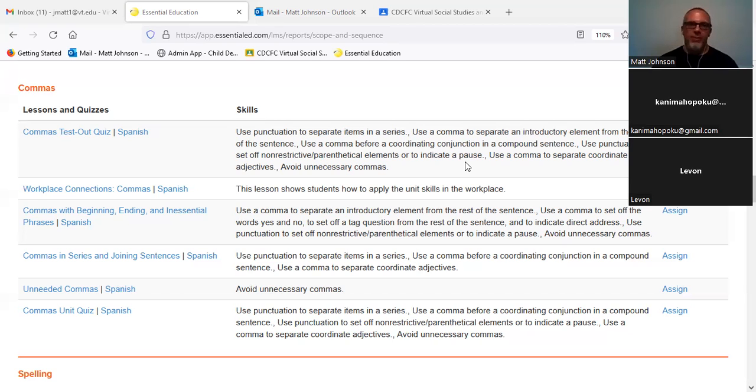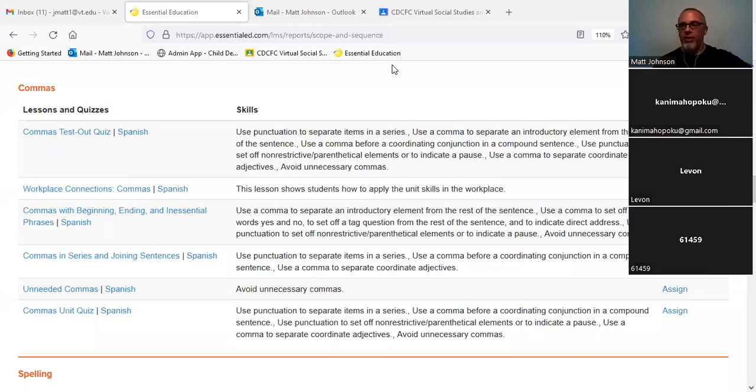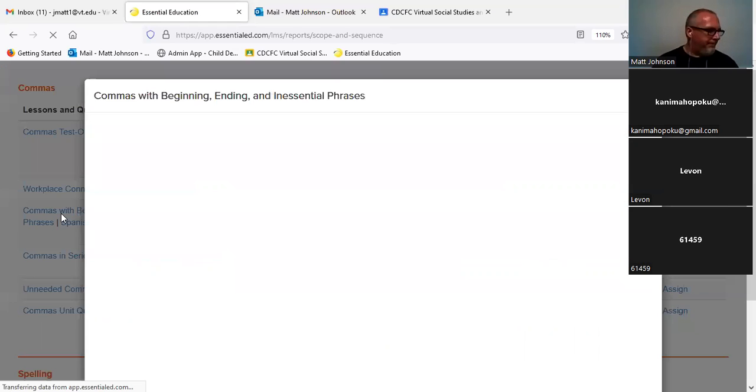Just like we use commas when we're writing numbers, right? We use them to separate our numbers into meaningful units, starting at the 1,000 place, right? 10,000, 100,000, a million, billion, trillion, right? We use the comma there to help readers see those meaningful units. So it's the same idea with our sentence structure in language arts. So let's go ahead and begin.